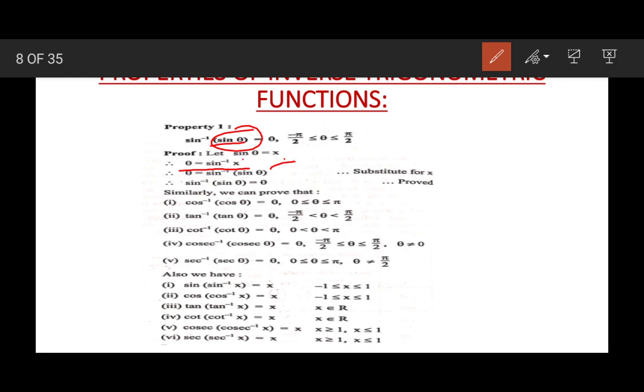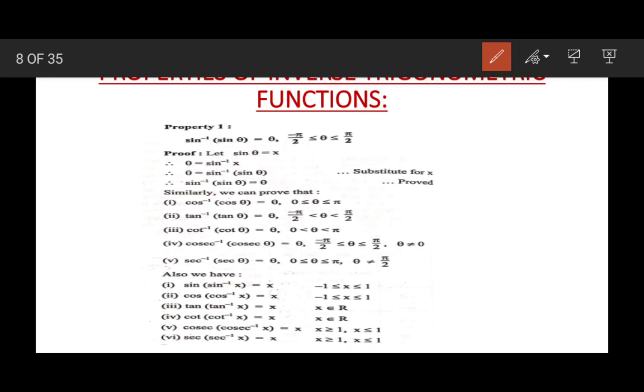But x is sin theta only, so by substituting x, we get sin inverse sin theta. Hence sin inverse sin theta is equal to theta. The proof is very simple.